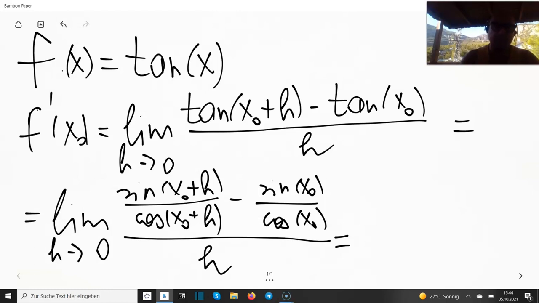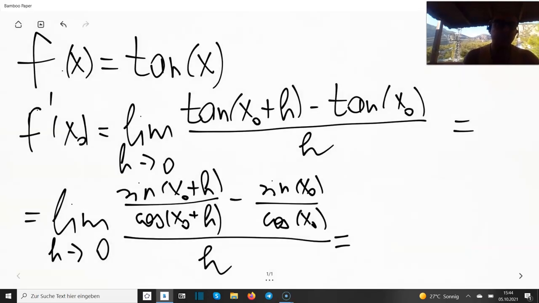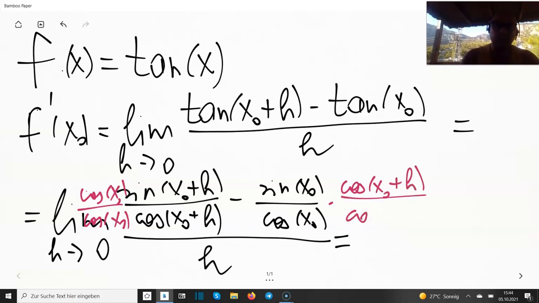So we're multiplying the first fraction times 1, which we are writing as cosine of x0 divided by cosine of x0. And the second fraction is also being multiplied times 1, which we are writing as the cosine of x0 plus h divided over cosine of x0 plus h.